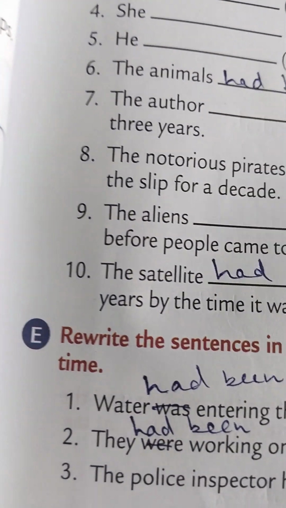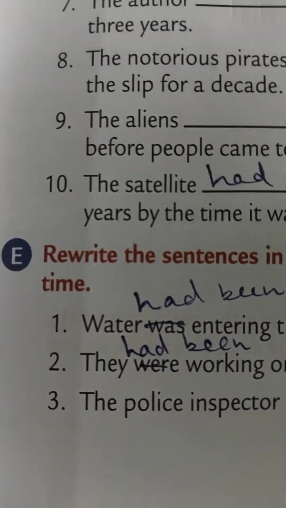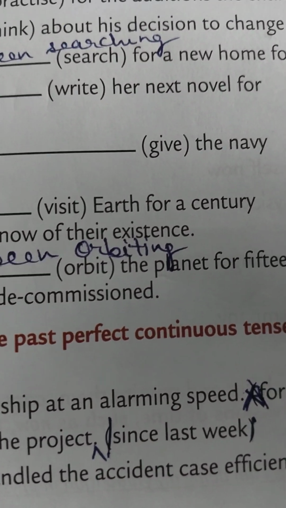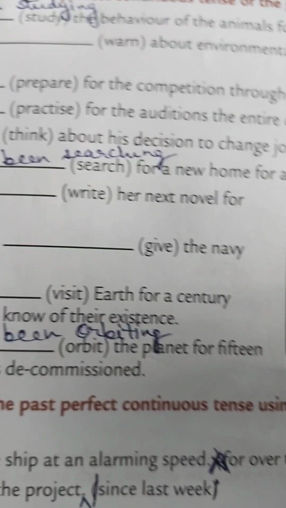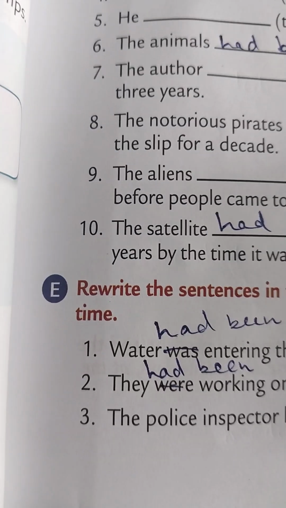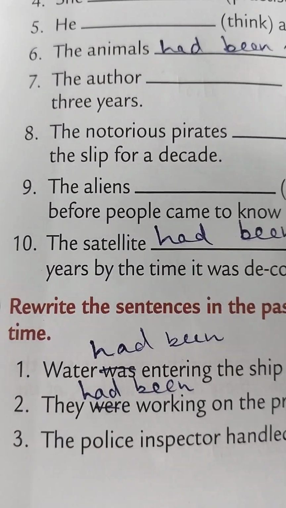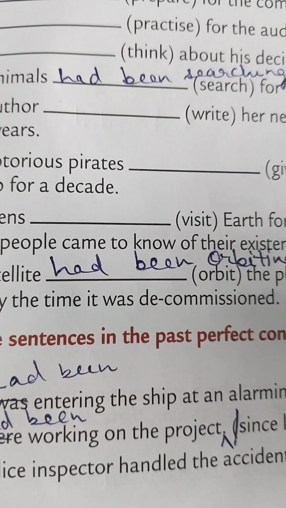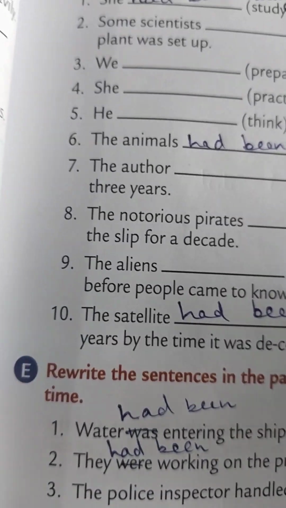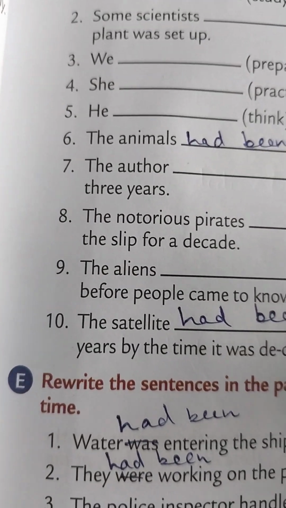Now see the next question, children. Rewrite the sentences in the past perfect continuous tense using the given expression of time. Now in these sentences, children, you have been asked to change the sentences into past perfect continuous tense, and you have to use the given expression of time in the sentence when you change them.